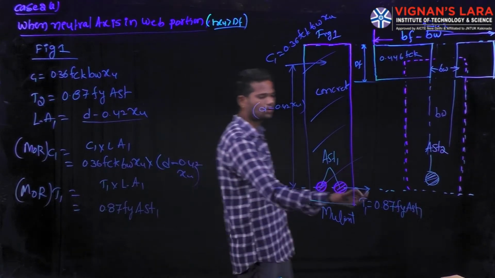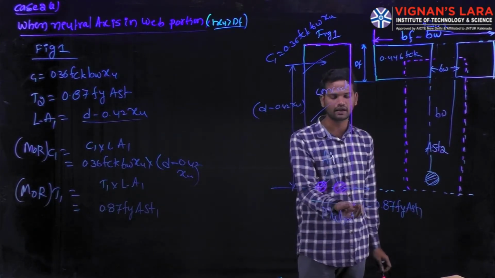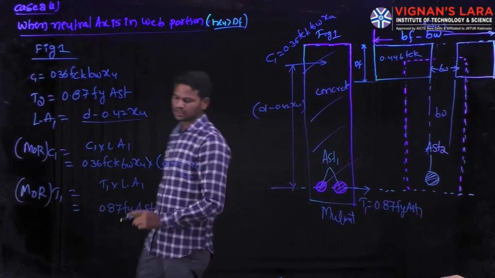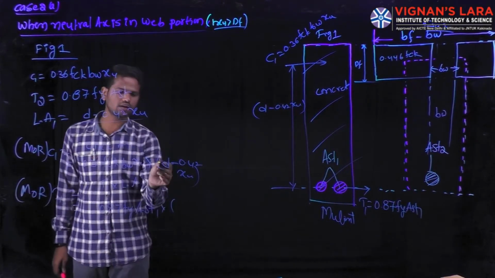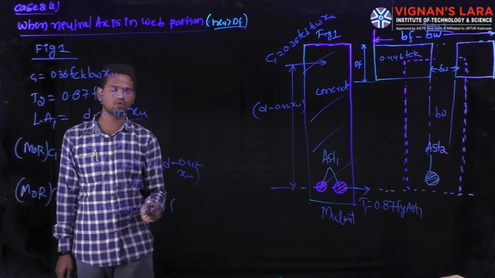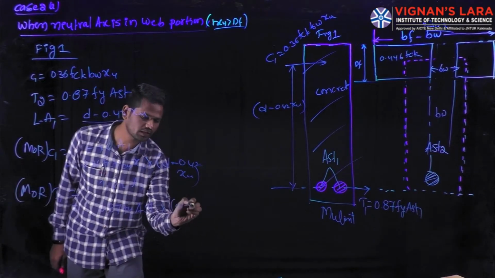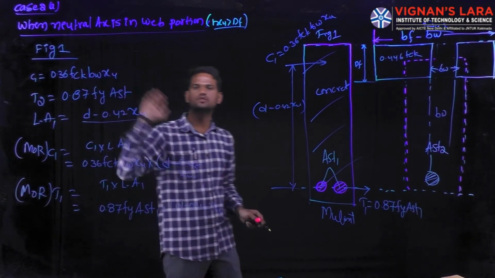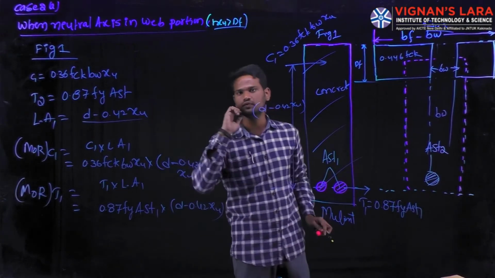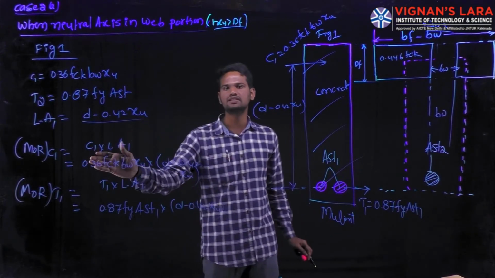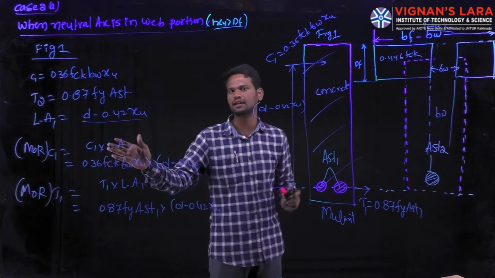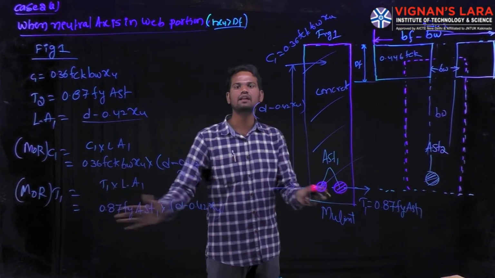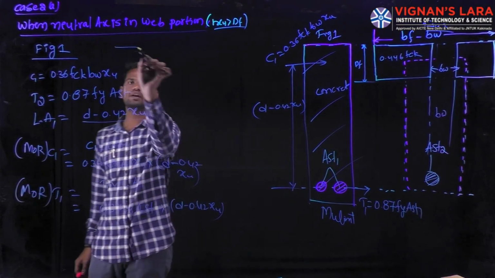This is the total tangential force for this rectangular beam, T1 equals 0.87 into fy into Ast1. And the lever arm distance, already calculated, is d minus 0.42 into xu. This is the total compressive force calculation, total tangential force calculation, moment of resistance for the compression and the tension for the rectangular beam from this figure 1.